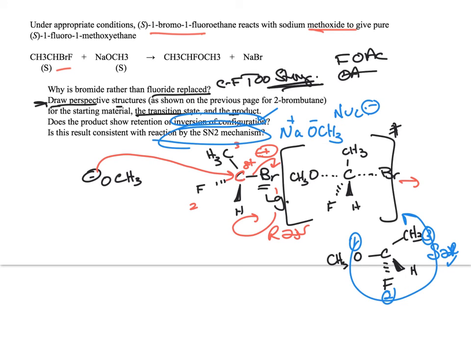And if this reacts to give pure S-1-fluoro-1-methoxyethane, the question is, did I do this one right? Let's see. 1, 2, 3. Counterclockwise. S goes to R. I don't know.